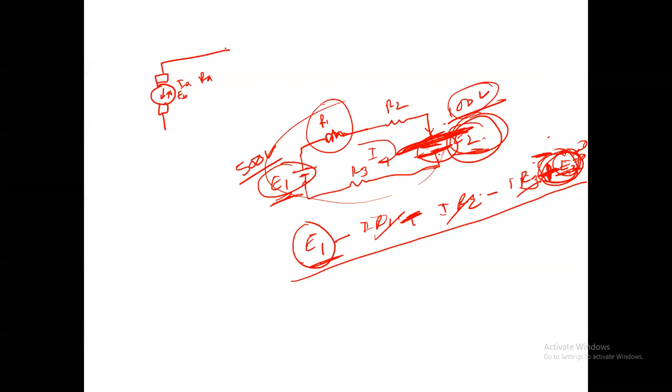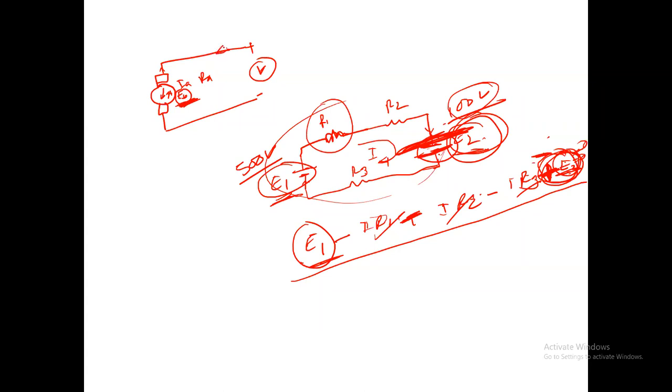Suppose this is the supply plus and minus. This is the V. So this V and EB, this EB is current flow reverse portion. So reverse portion means this is the minus. Clear?